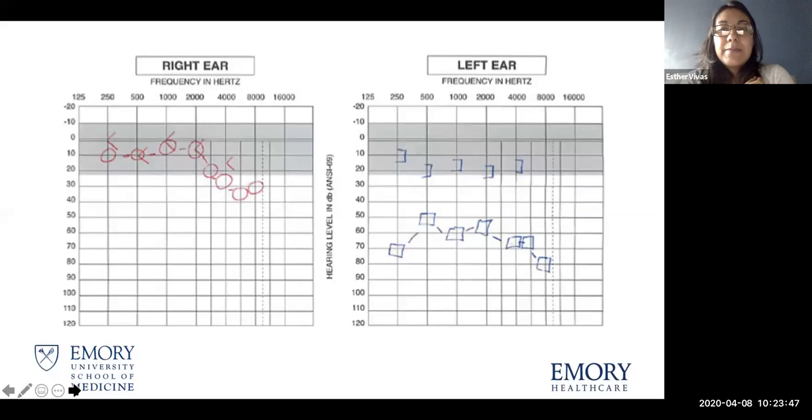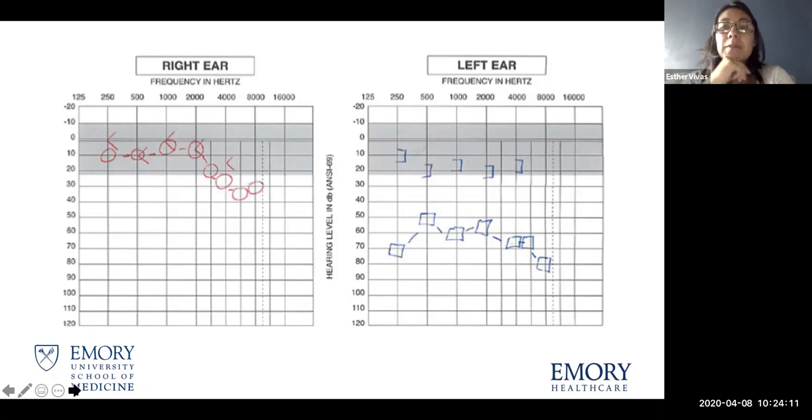It is not a mixed hearing loss, which is something that I really like to highlight for residents, because it comes up in your boards when you get tested on differentiating between a mixed and a conductive loss. A mixed hearing loss infers that you have an underlying sensorineural loss, meaning your bone line is not in the normal range.